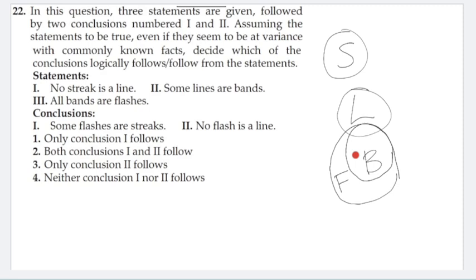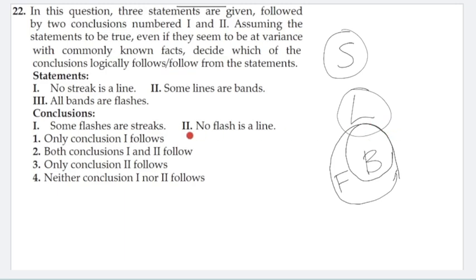So now let's read the conclusions. Some flashes are streaks. There is no relation as such given in the statements. So it is not a correct conclusion. The second conclusion is no flash is a line.